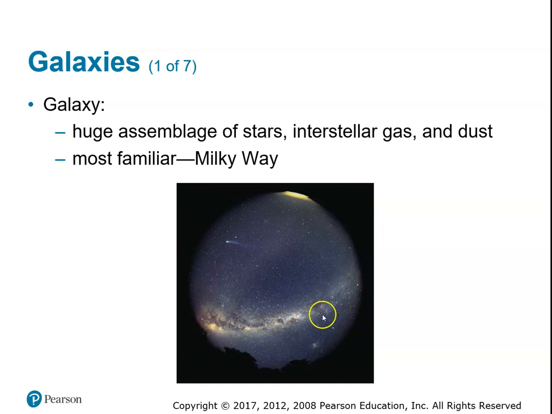There are so many stars here that they collectively look like a band of light. This band appears in the same locations in the sky, night after night, year after year. And of course, the Greeks were the first to call it the Milky Way, and that name has stuck. In fact, right around here, where I'm pointing, is the direction of Sagittarius.